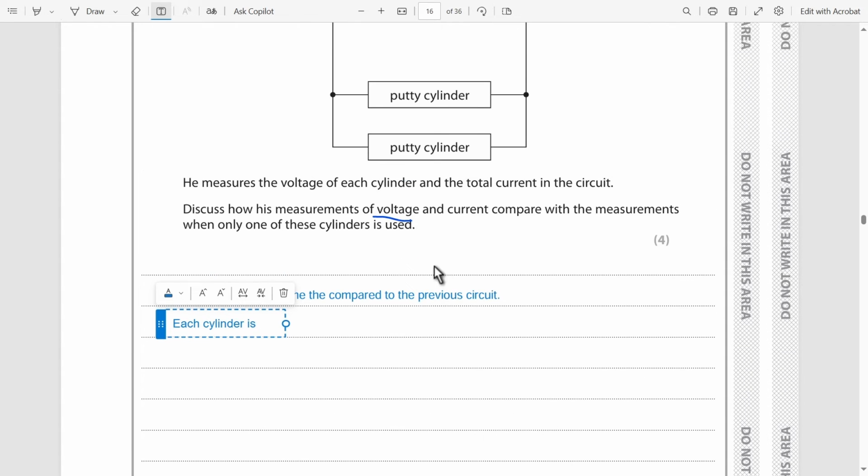So, guys, just saying that when two things are in parallel, they will share the amps that go through that one branch. But these two guys, they require the same amount of energy.